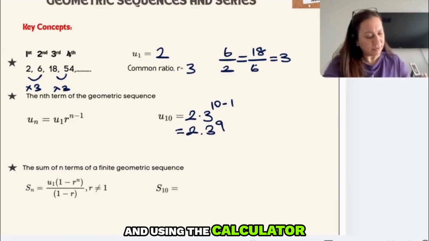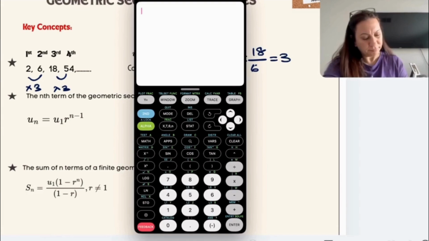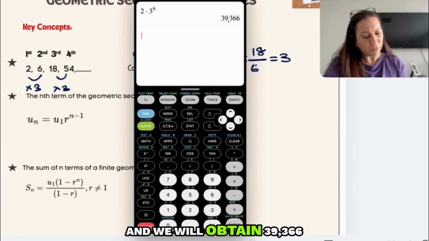And using the calculator, we will obtain 39,366.